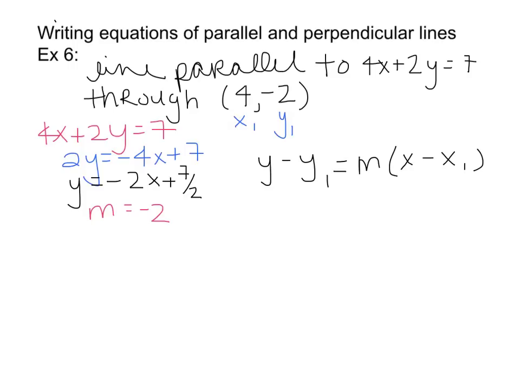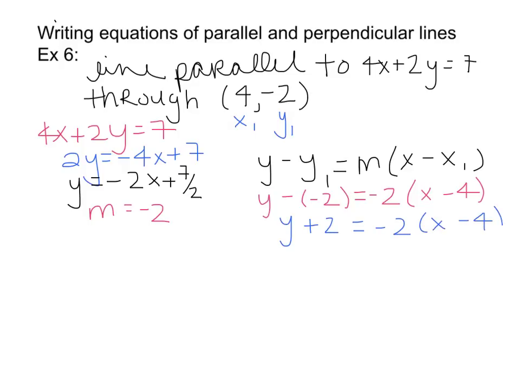That's going to give me y minus -2 equals, I'm going to use my same slope because I want it to be parallel, -2 times x minus 4. So now let's simplify this. That gives me y plus 2 equals -2 times x minus 4. So that is your equation of a line that is parallel to 4x plus 2y equals 7, but it also goes through the point (4, -2).